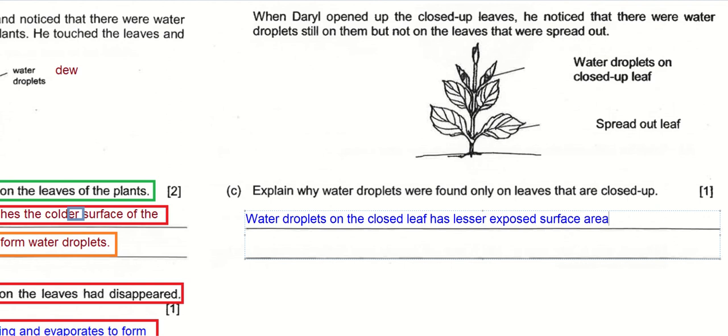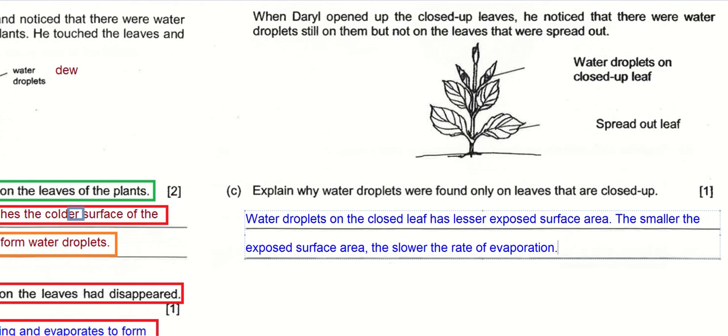We know that the smaller the exposed surface area, the lower the rate, or the slower the rate of evaporation, and therefore evaporation is reduced.